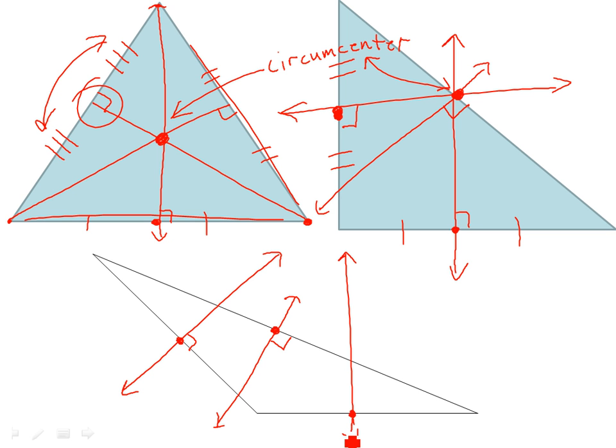And you should see that they don't meet, but if I extend them on up, and if my drawing was worth anything, they should all meet right here, and that's going to be your circumcenter. So again, for an acute triangle, the circumcenter and all the perpendicular bisectors are going to be inside the triangle.